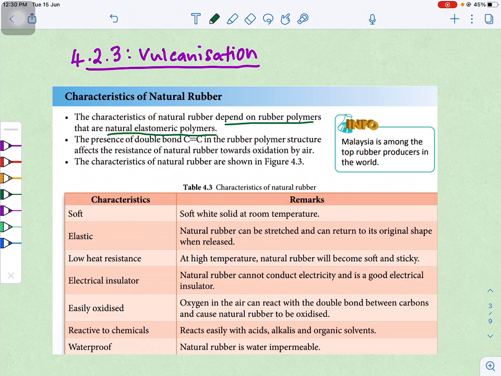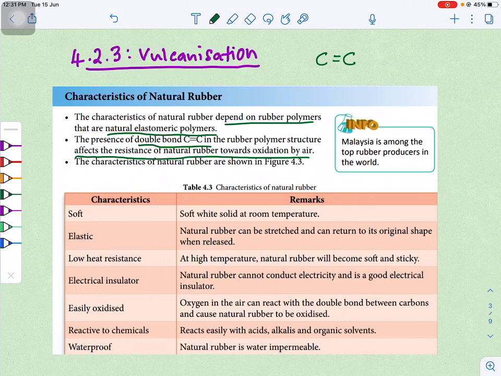What we have there, kita akan jumpa the presence of double bond. Kita ada satu double bond in the rubber molecules. Okay, that is this structure of carbon-carbon double bond will affect the resistance of natural rubber towards oxidation by air. So as we know, the presence of carbon-carbon double bond ini adalah bahagian yang a little bit weak, bahagian yang lemah. So it will easily oxidize by the air.